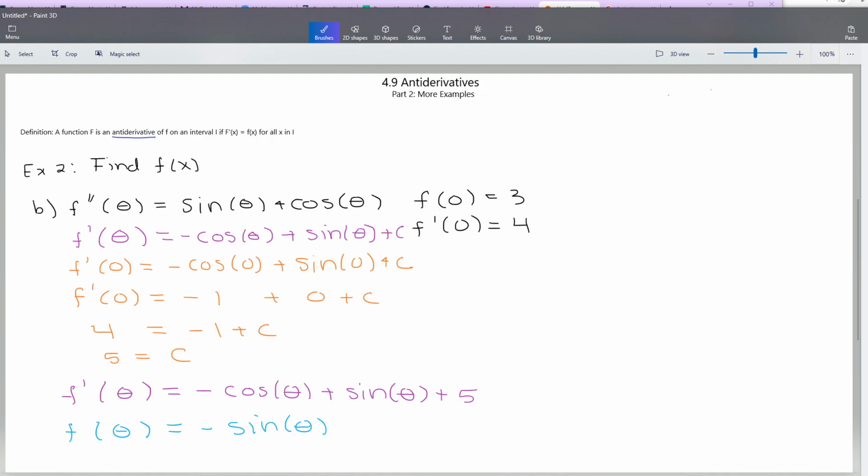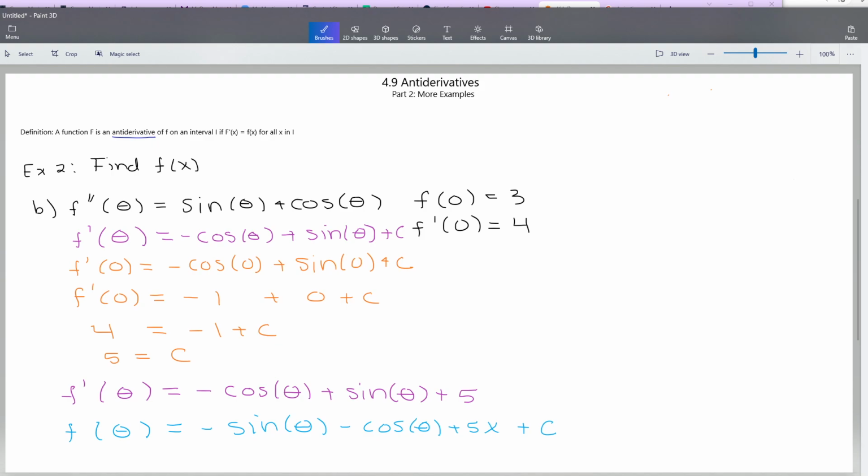And the antiderivative of sine is negative cosine. Now, if I want something whose derivative is 5, 5x is what has the derivative 5, right? So if you just have a number, the antiderivative is going to have that number times x, and then I do have my constant c.